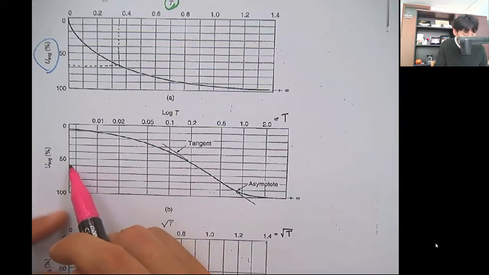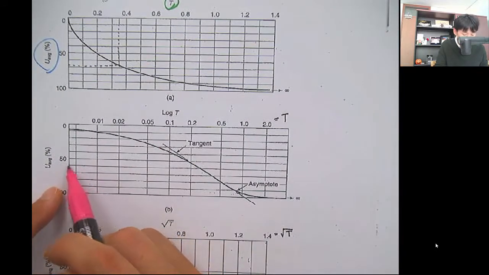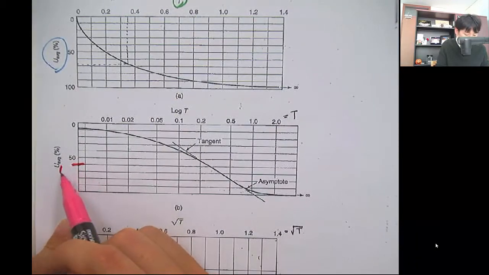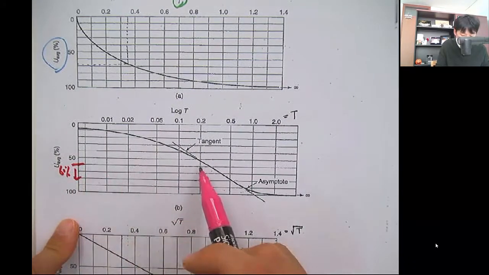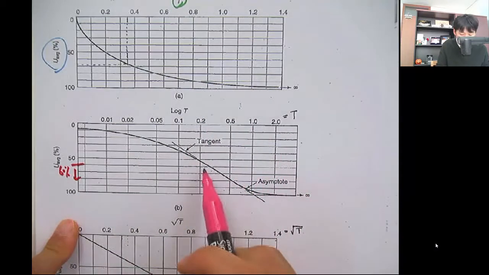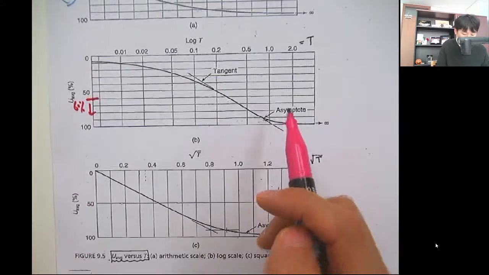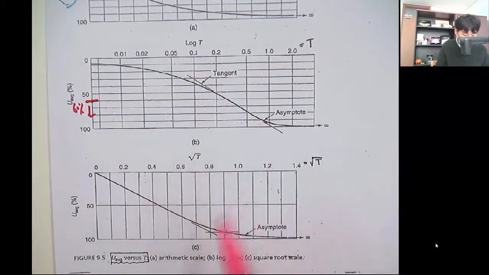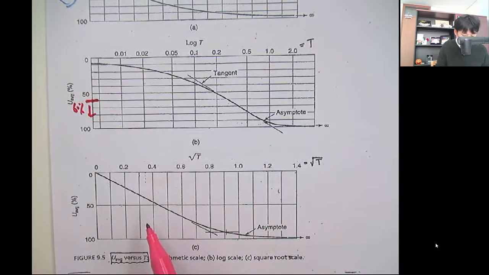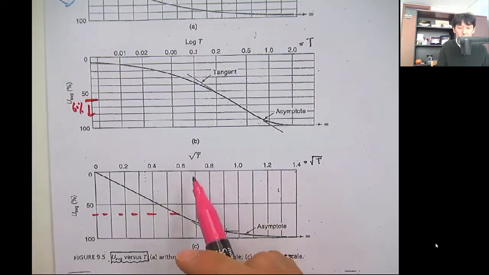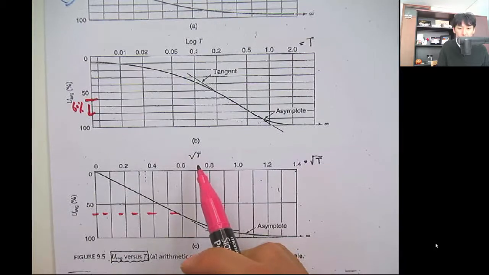When the average degree of consolidation is larger than 60%, you can linearize this curve with this linear equation in a log scale. And when the degree of consolidation is less than 60%, then it can also be linearized with this square root of t.